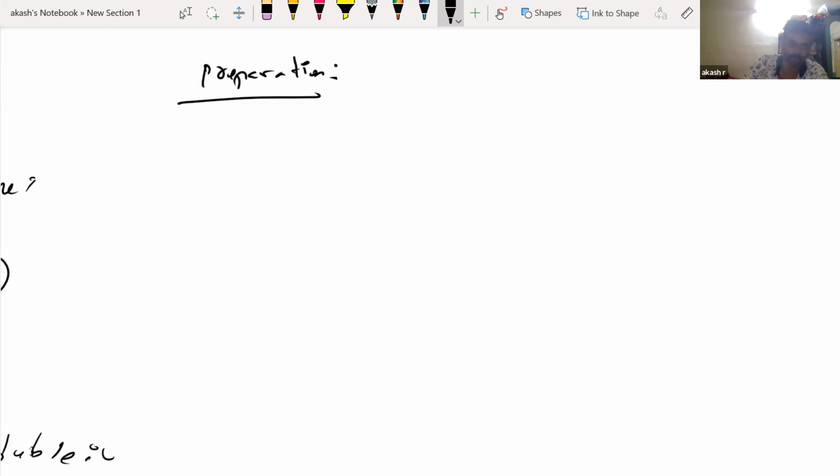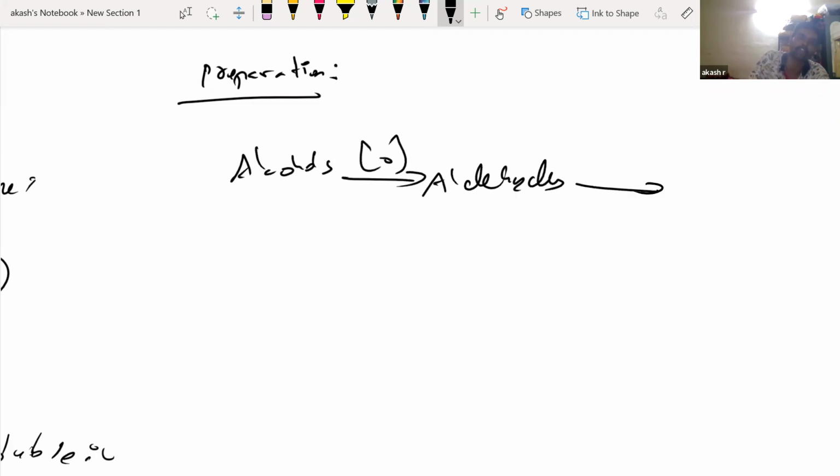Look at this, people. If you oxidize alcohols, we are going to get aldehydes. When we oxidize aldehydes, we are going to get acids. Obviously, we're talking about primary alcohols only. What will happen to secondary alcohols if I oxidize them?